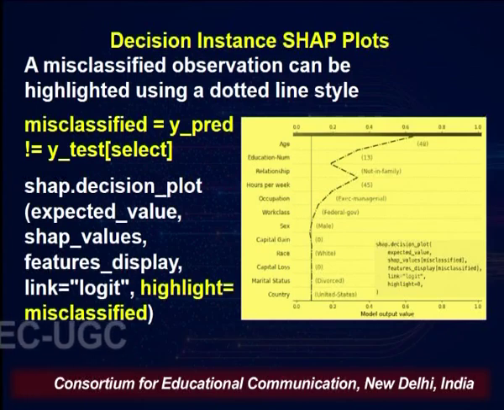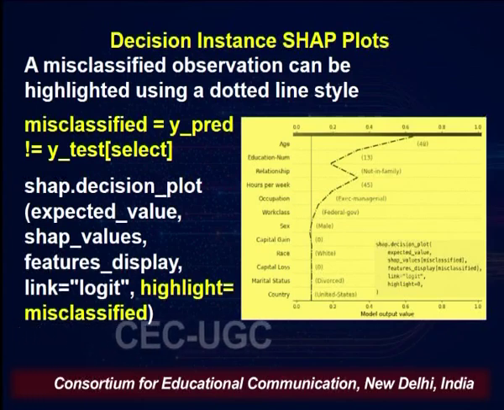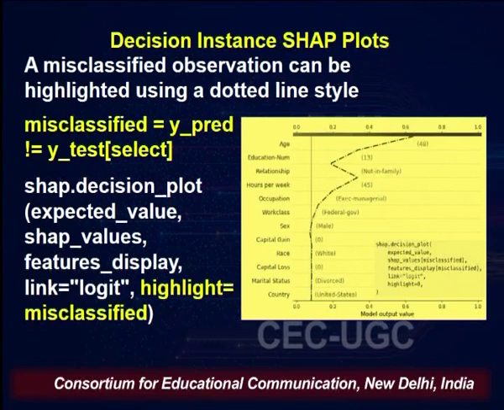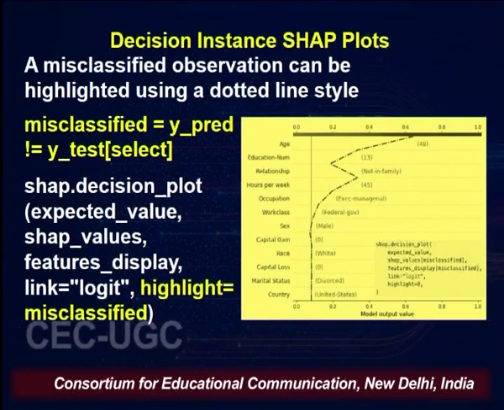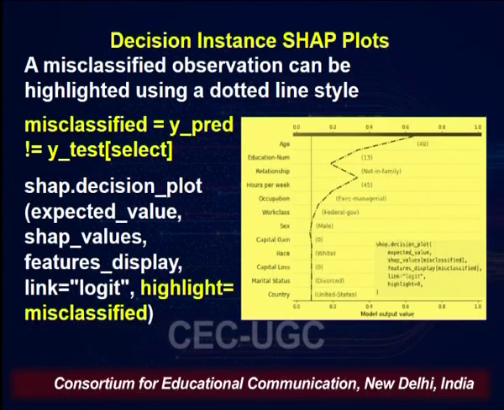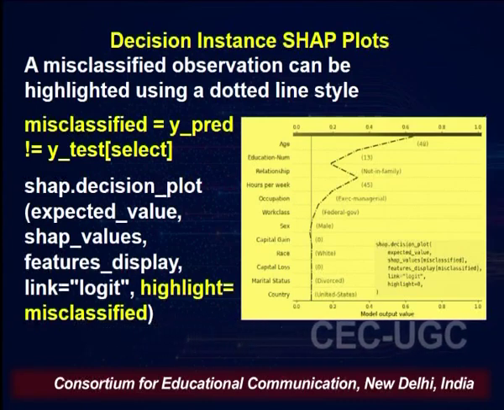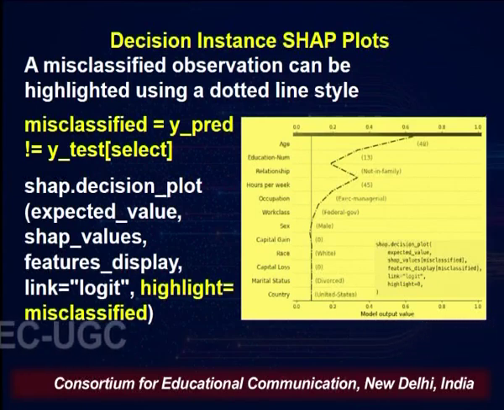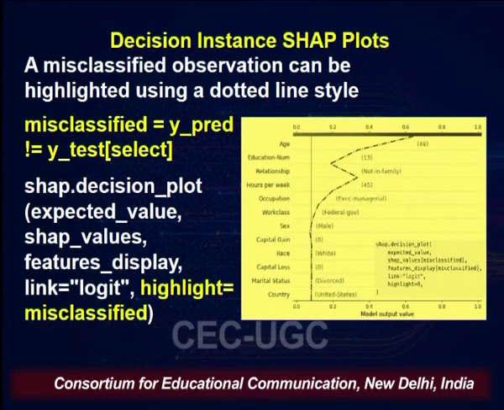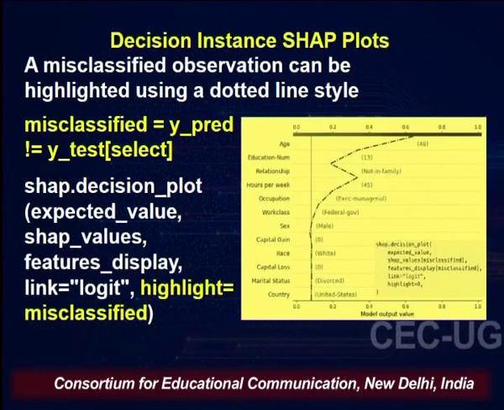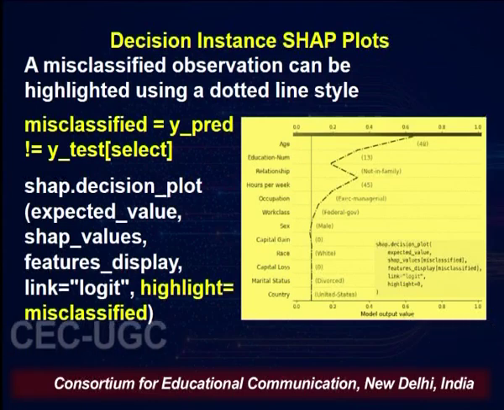So, the SHAP decision plot, when it is seen from the perspective of instance plot, how do we do it? We use this particular code snippet, that has the expected value, the SHAP values, the features to display, and the link, what kind of function is being used, the logit function in this case, and highlight the misclassified sample.